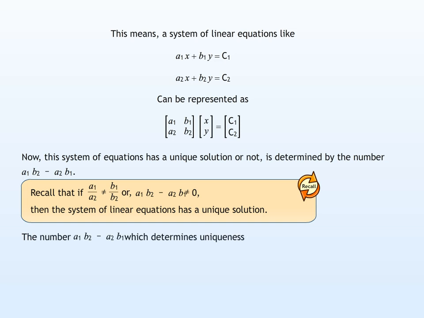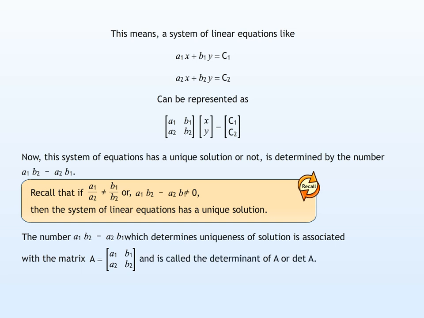The number A1b2 minus A2b1, which determines uniqueness of solution, is associated with the matrix A, with rows A1 B1 and A2 B2. And this is called the determinant of A or determinant A.